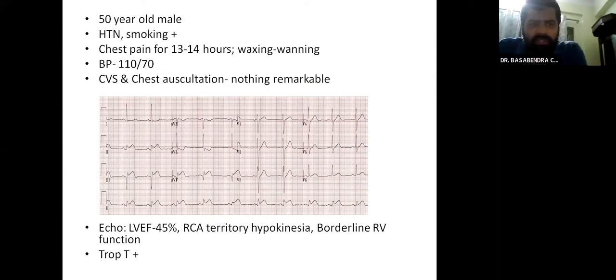On examination, his blood pressure was 110/70. Pulse rate was around 70 to 80 beats per minute, more or less regular. The CVS and chest auscultation were more or less normal, nothing remarkable.